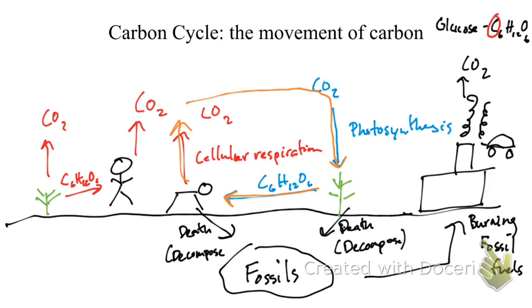So it's taking the carbon that was stored underground in fossils and moving it to the air. What you can see is we have a lot more arrows moving carbon into our atmosphere, but not a lot of arrows bringing the carbon dioxide out.